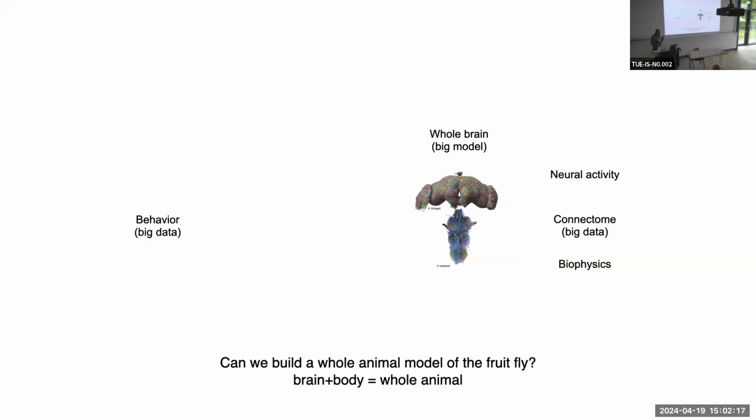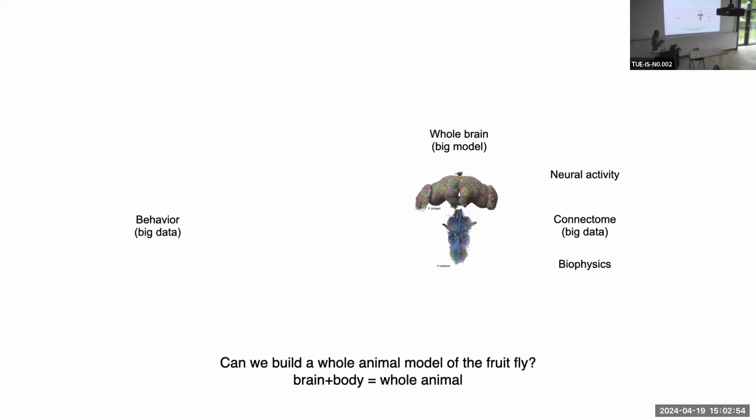What would it take? This is the point where we're going to speculate a little bit. Let's say we're building a model of the whole brain. Let's call that a big model. Well, big models need big data. What big data can we bring to bear for building this model? Well, the connectome is not big in terms of terabytes, but we have it all. It's complete, and so once we have it, there's no more that you can collect. Neural activity will probably always be sparse and only in specific experimental conditions.